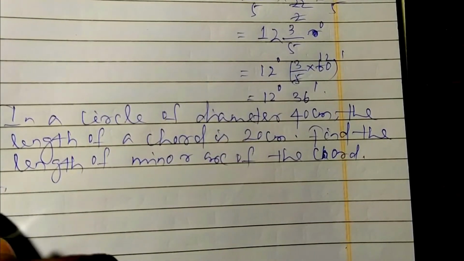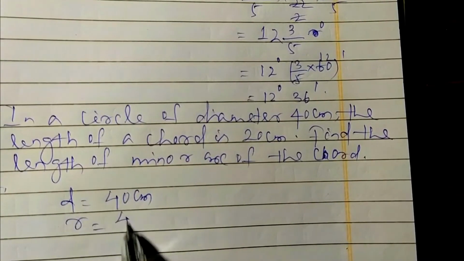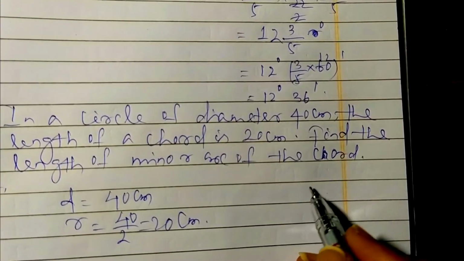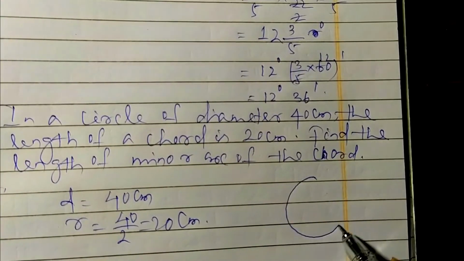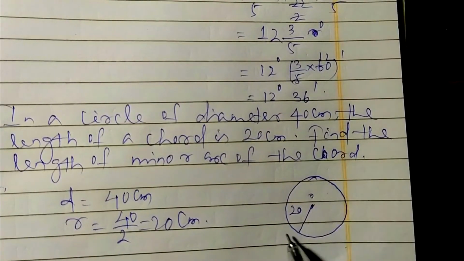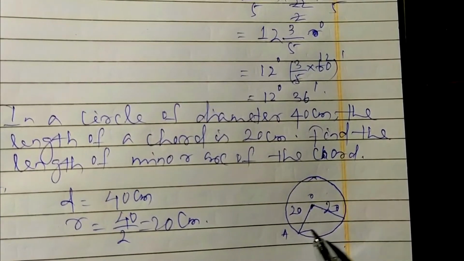The diameter is equal to 40 centimeter, that means radius is equal to 40 by 2, that means 20 centimeter. The radius is 20 centimeter and this one is also 20 centimeter and the chord is also 20 centimeter.